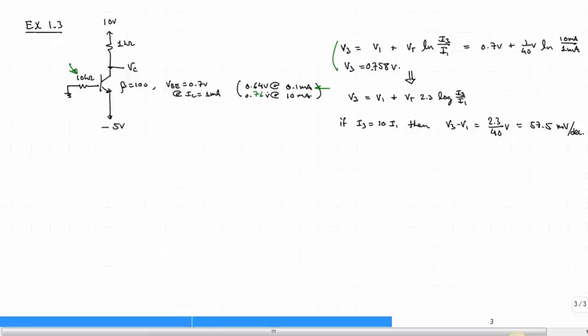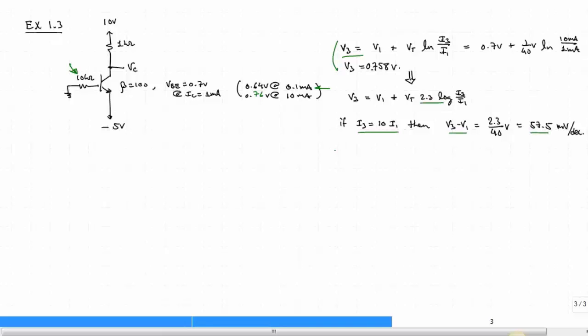We can look at this a little more generally. This will just help guide us as we go forward, to help us know when we have to use the full exponential large signal model and when we can assume a constant VBE. If we take our Shockley relationship here and replace the natural log with 2.3 times base 10 log, and now assume that the two operating currents we're comparing are an order of magnitude apart, then we find that the difference in voltage between the two is 2.3 over 40, because 25 millivolts is about 1/40th of a volt, and this comes out to be roughly 60 millivolts.